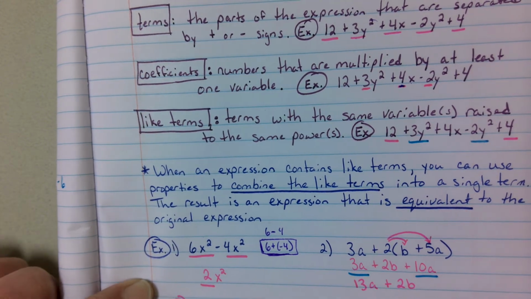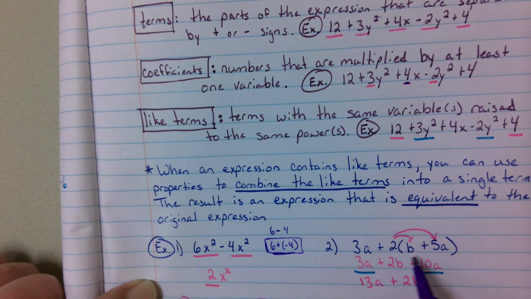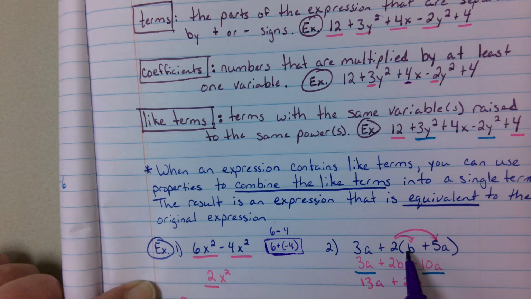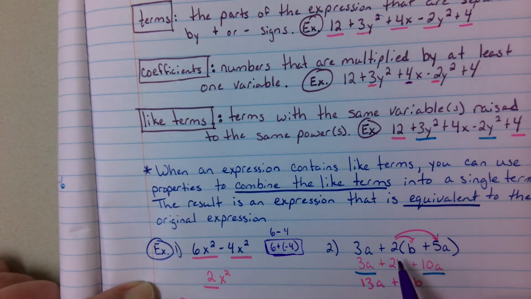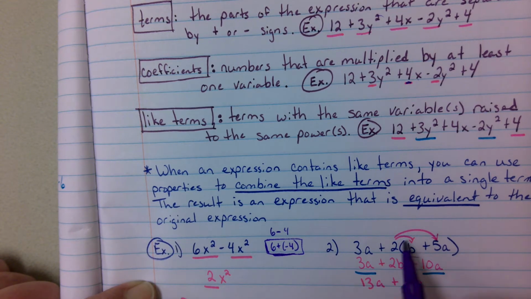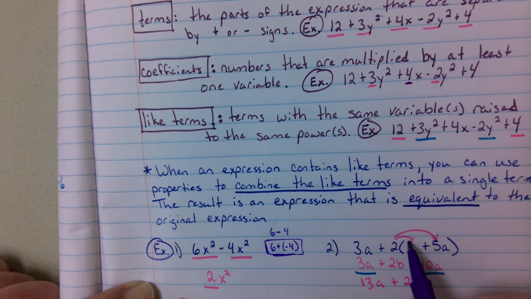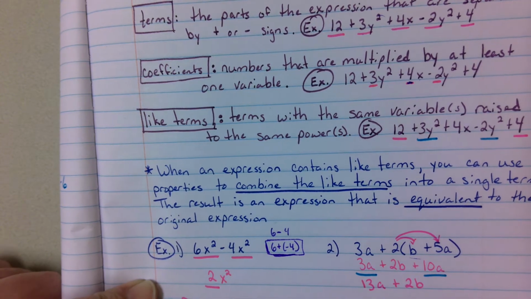So the next one we're going to look at, number 2, 3a plus 2, remember, I've got these parentheses here, and that's multiplied by b plus 5a. So when I have a coefficient or some number outside of these parentheses, we need to distribute that into each term in the parentheses.